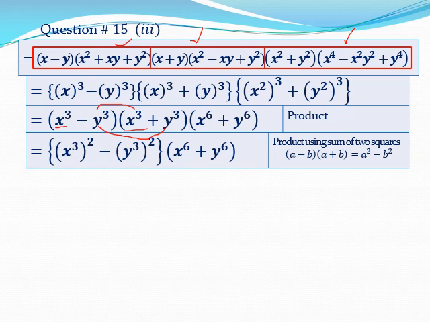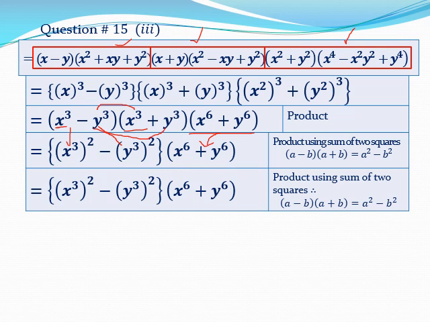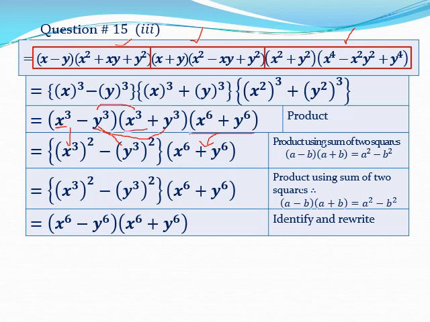So its product is the square of the first term, x cube, minus the square of the second term, y cube. So square of x cube minus square of y cube, and x^6 plus y^6 stays as it is. Square of x cube becomes x^6, and square of y cube becomes y^6. So x^6 minus y^6, x^6 plus y^6.